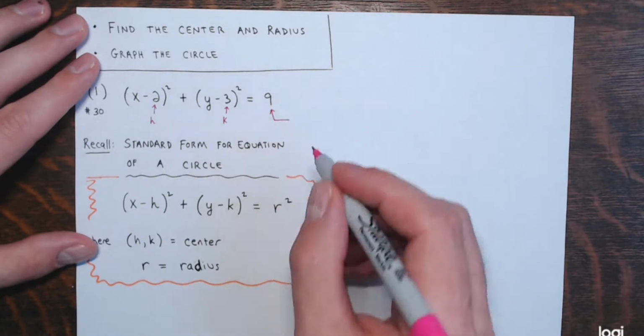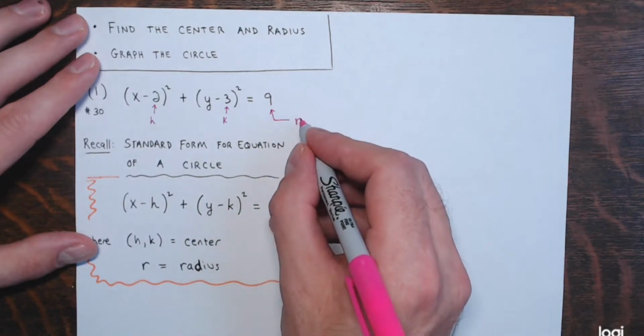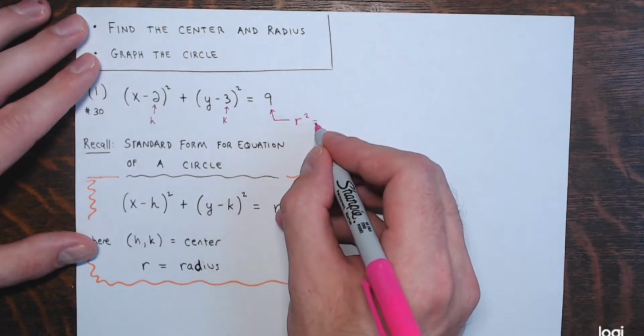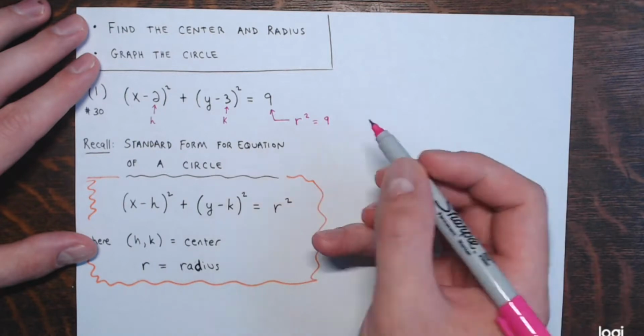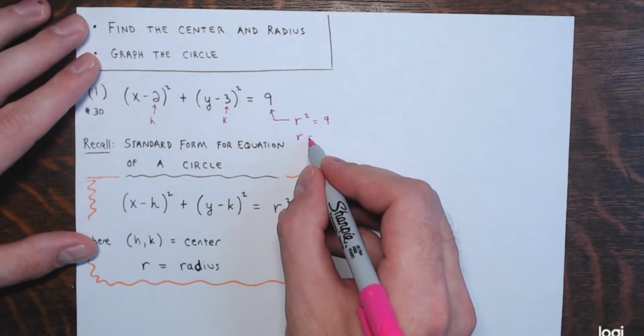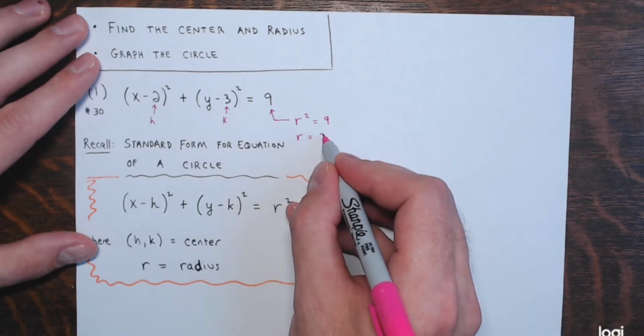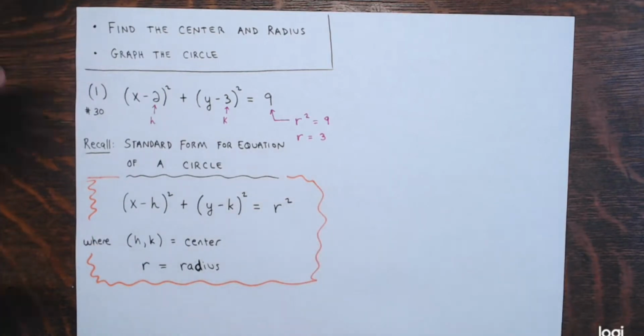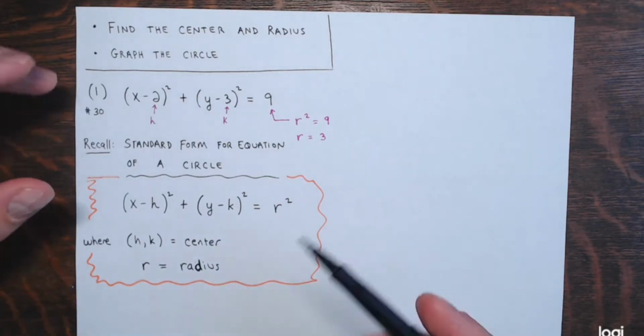And then this number on the other side is the radius squared. So r squared equals 9, meaning that the radius is the square root of 9, which is 3. I know negative 3 squared is also 9, but we're not going to talk about having a negative radius. So that's part 1.